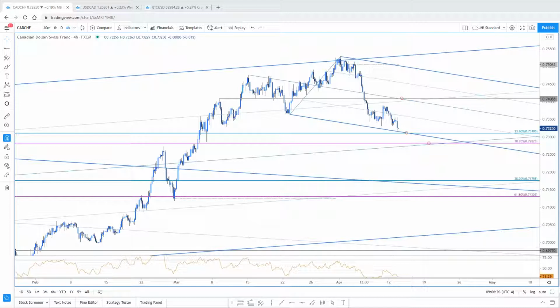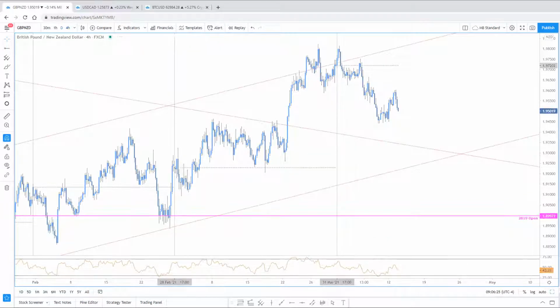Kiwi, Sterling Key looks like this. Sterling Key, I think I have a chart of that. This is the daily.